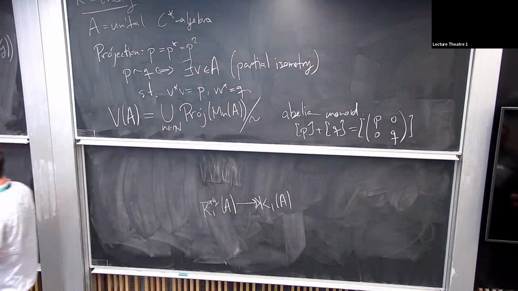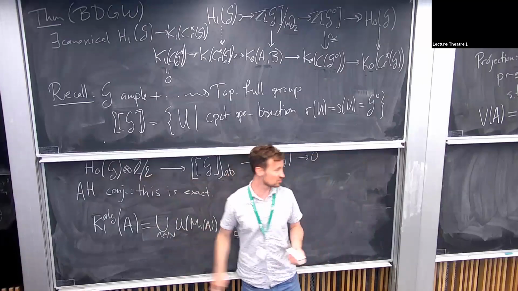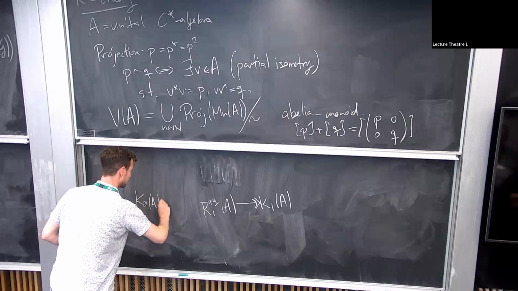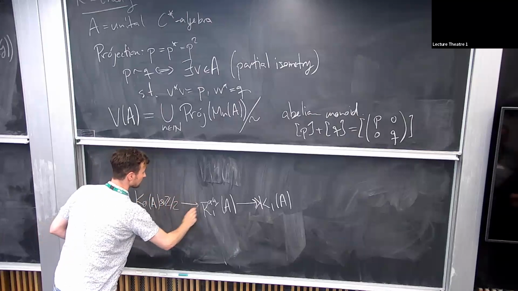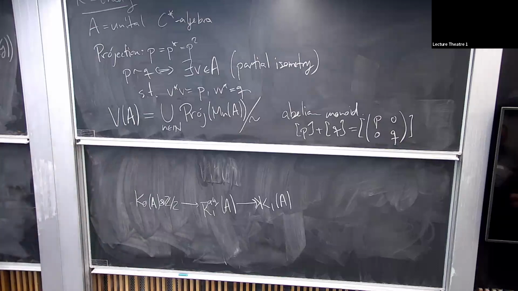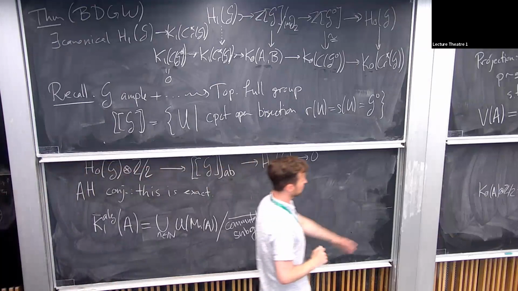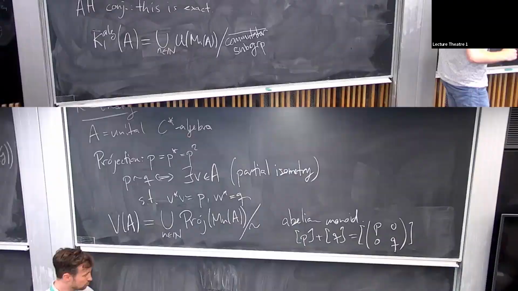And we also have a map from K0 of A tensor Z/2 that goes into here. And the map here is really canonical.